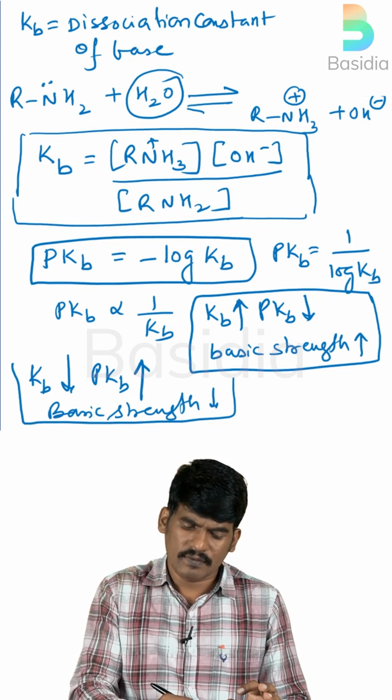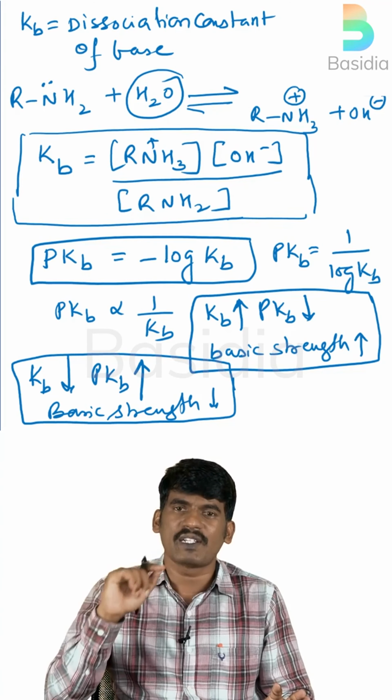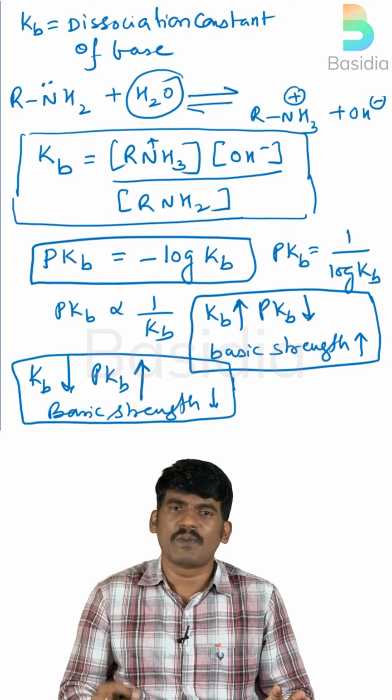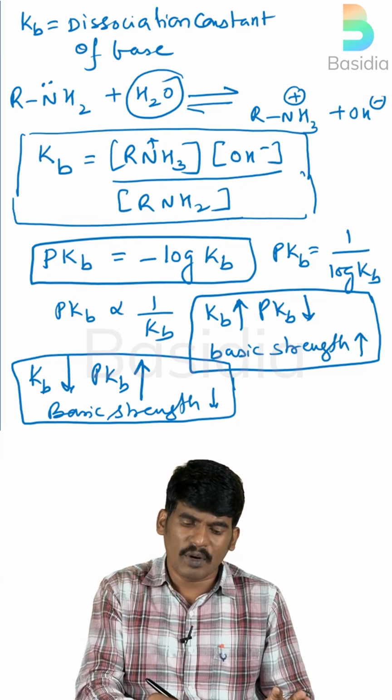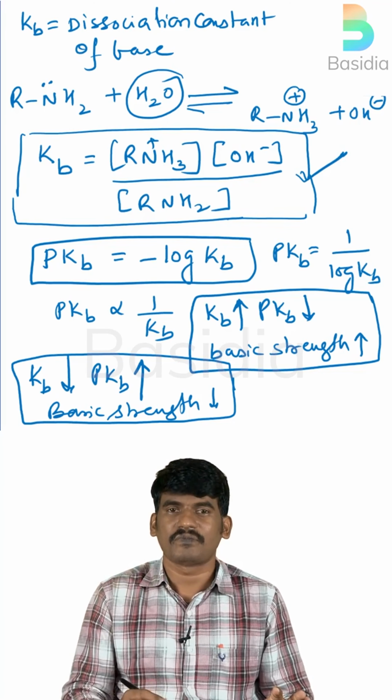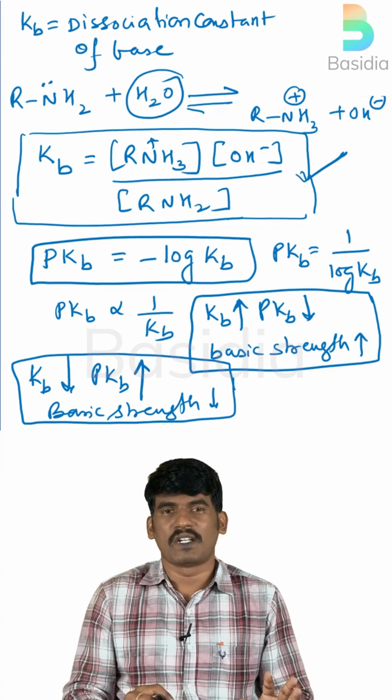If a base has a low pKb value, basic strength is high. If a base has a high pKb value, basic strength is low. This is how you have to identify based on pKb and Kb values. Those are experimentally observed values, not theoretical values. You can find Kb with the help of that expression.